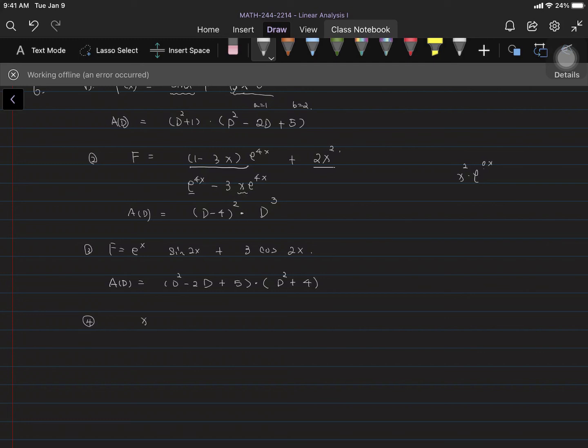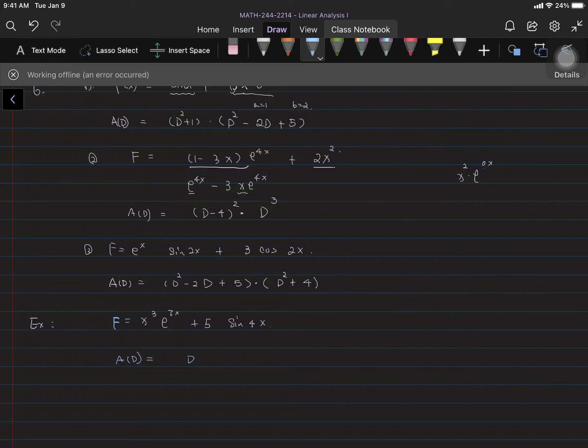x cubed e to the 7x, 5 sine 4x. We can do this as an exercise. You can try. If f equals this one, what is AD?